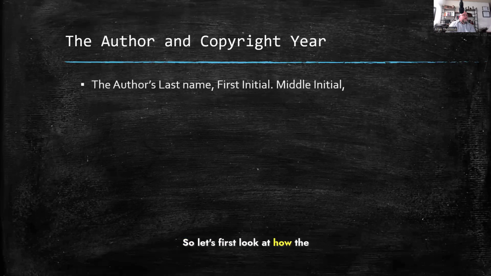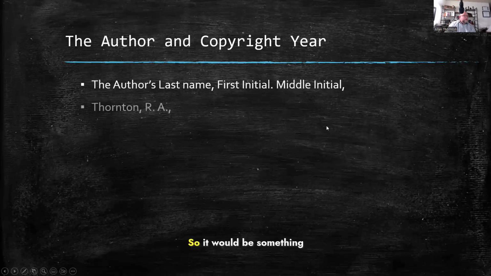So let's first look at how the author and the copyright are set up. For the author's name, you do last name, comma, first initial, a period, then a middle initial, and a period, before the comma. So it would be something like this. If you were citing a book that I wrote, it would be Thornton, comma, R period, A period, and then a comma before you get to the copyright year.